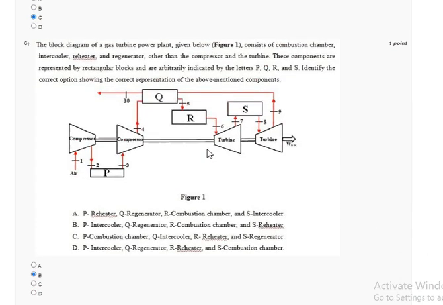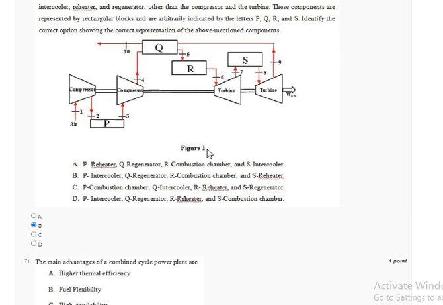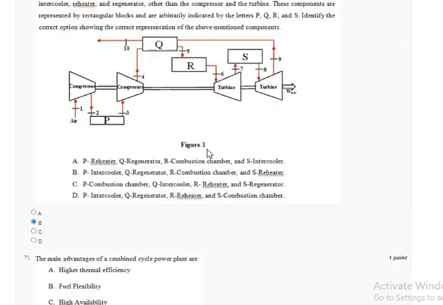Next question, this diagram is given, we have to find where is the reheater, regenerator, combustion chamber and intercooler. So this is already given in the notes. So here the option B is correct. P is the intercooler because it is between the two compressors. Q is the regenerator.